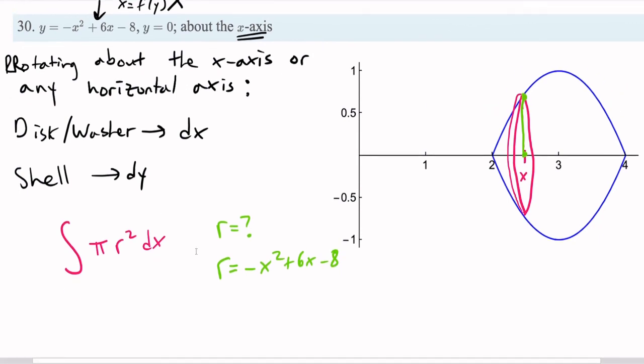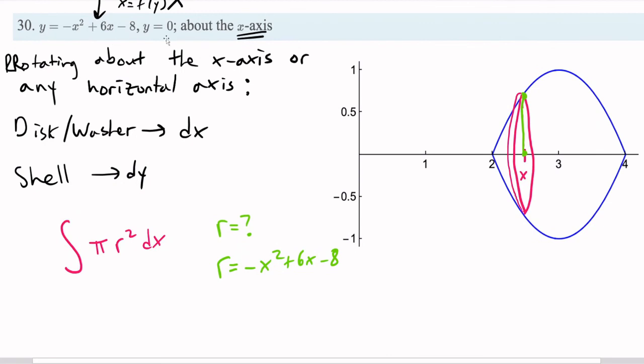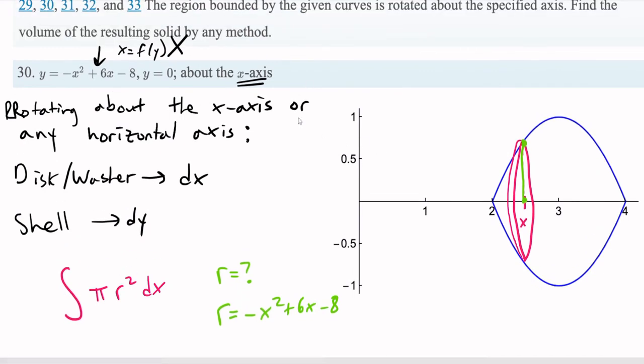What are the bounds? Well, I have to know when this function hits y equals 0. So for the bounds, we can do that with a little algebra. This is going to be 0 equals negative x squared plus 6x minus 8. I don't like this negative, so I'm going to slap everything with a negative. 0 equals x squared minus 6x plus 8.